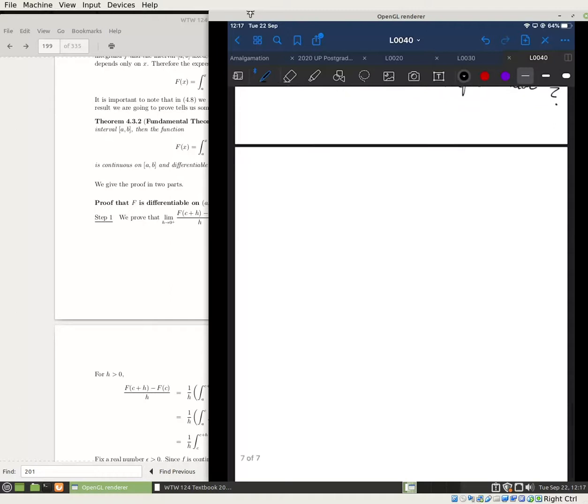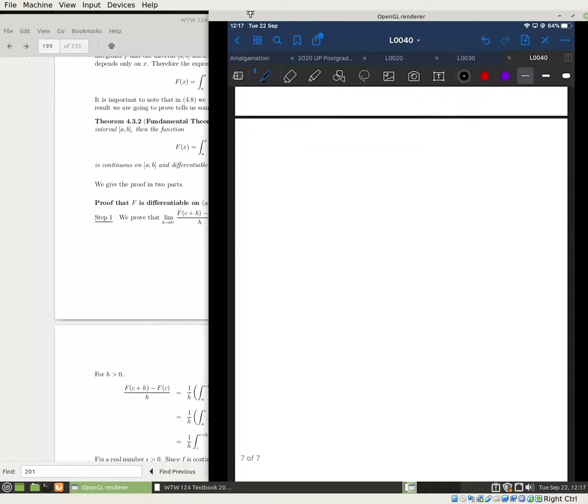And this is the theme of the next theorem that we will discuss. So theorem, and this is what is called the integral mean value theorem.